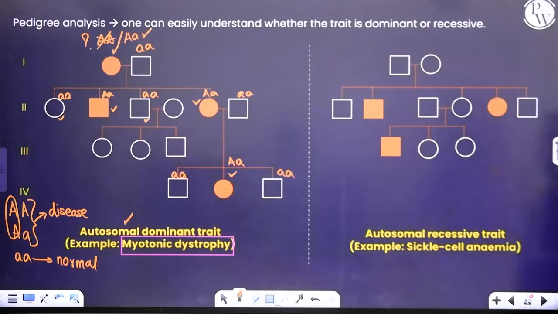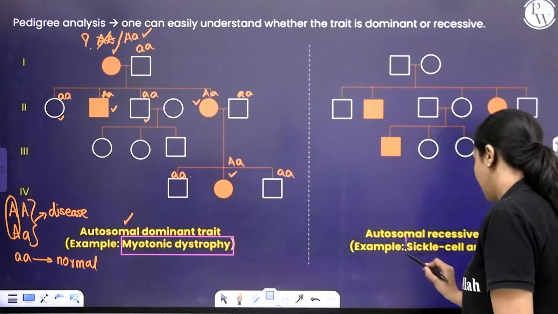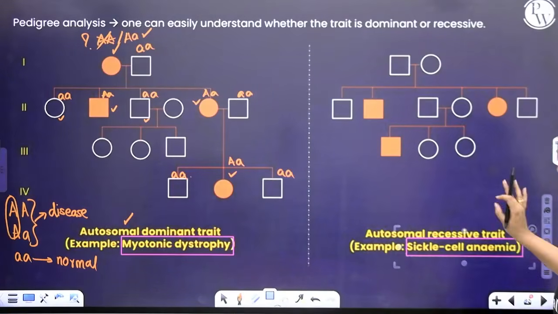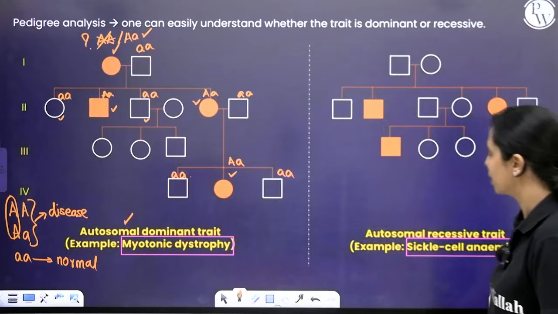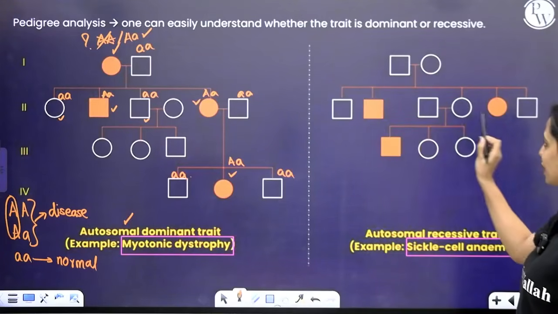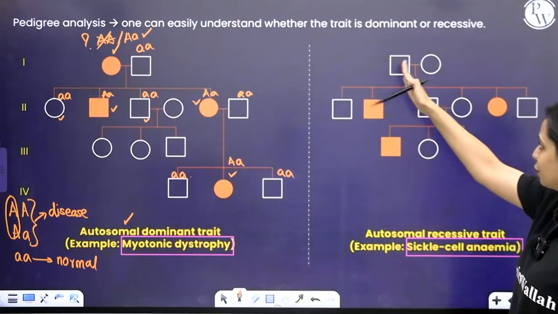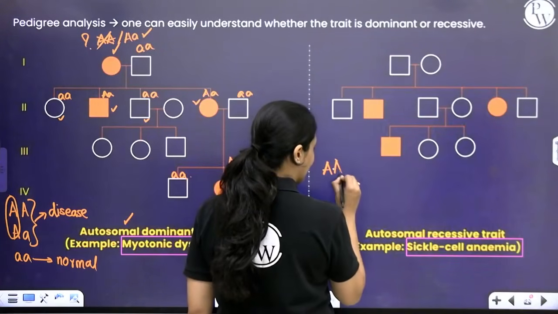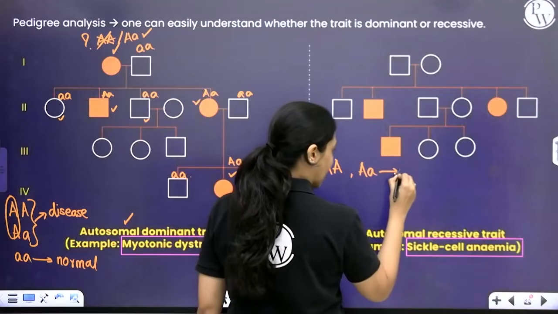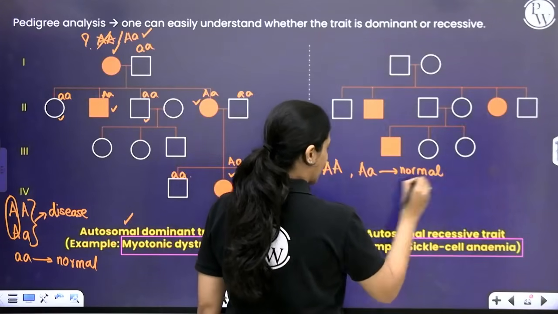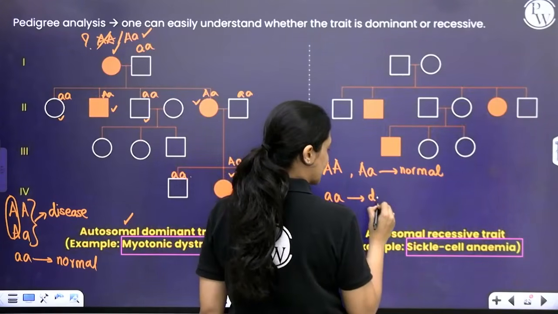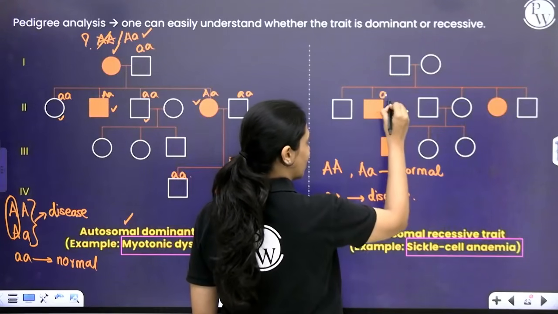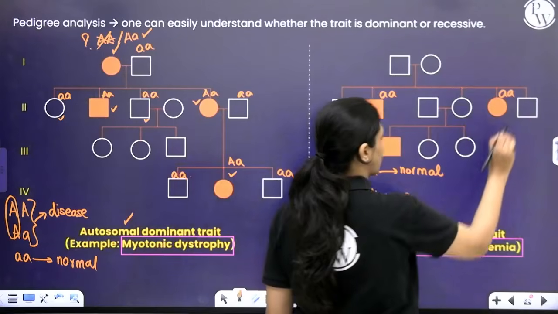Now, how an autosomal recessive trait, for example sickle cell anemia, is different from an autosomal dominant trait is, over here, since it is recessive, you can see that the offspring can be affected even if the parents are not showing symptoms of the disease. Over here, capital A, lowercase a are normal. Lowercase a shows the disease. Okay. So here parents are appearing normal. This is lowercase a.